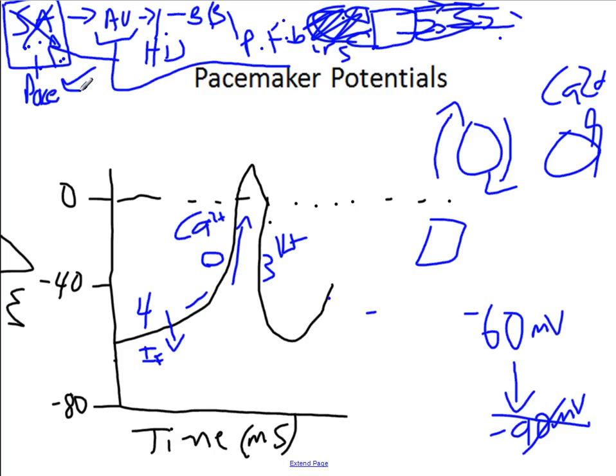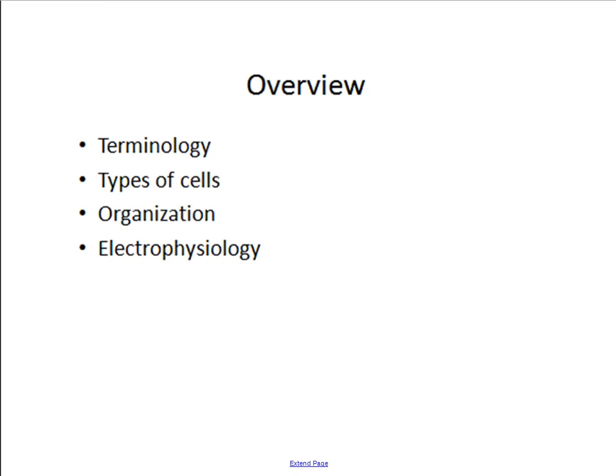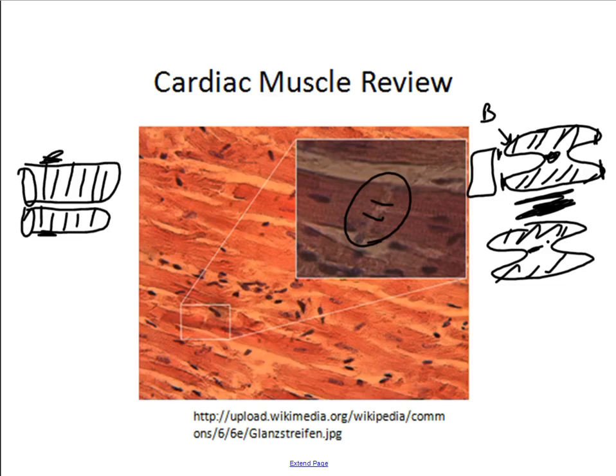So, boy, I hope I didn't confuse you too much with this, but in a nutshell, this is basically the cardiac syncytium, and how the tissue and all the cells are organized into many cells that behave as one unit.